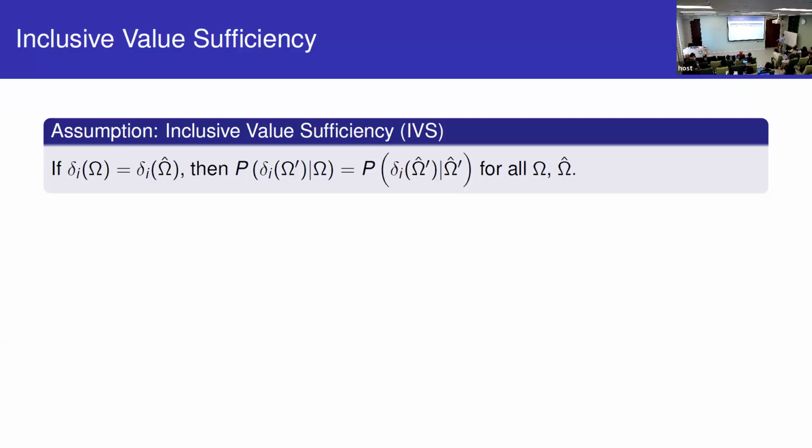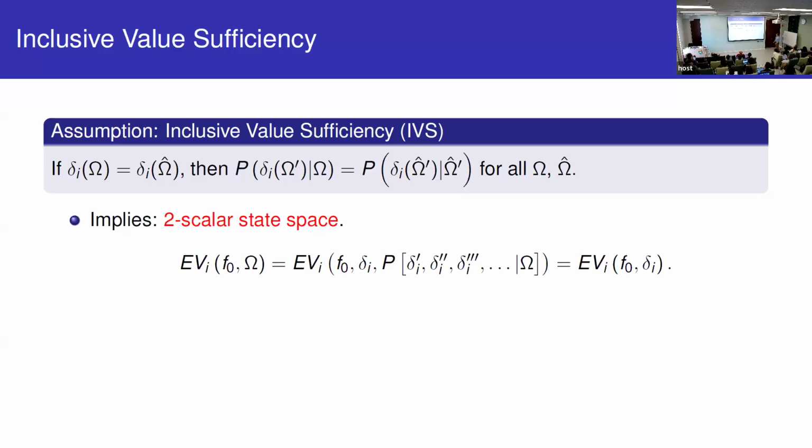Formally, this says that if two different states, omega and omega hat, generate the same inclusive value delta, then their prediction for how the future deltas will evolve is the same. If that's the case, then you only need to know the inclusive value today. There's no value to knowing omega as well. That's going to imply a state space that has only two scalars to it: the F naught, the value of the product you hold, and whatever is available on the market.